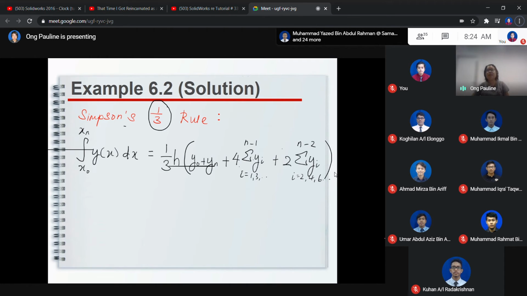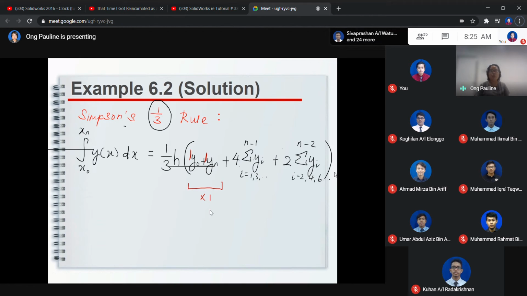If you observe here, I can categorize and group my y into 3 groups. The first group will be y naught plus yn, because the multiplier in front takes the value 1, so we just multiply by 1.